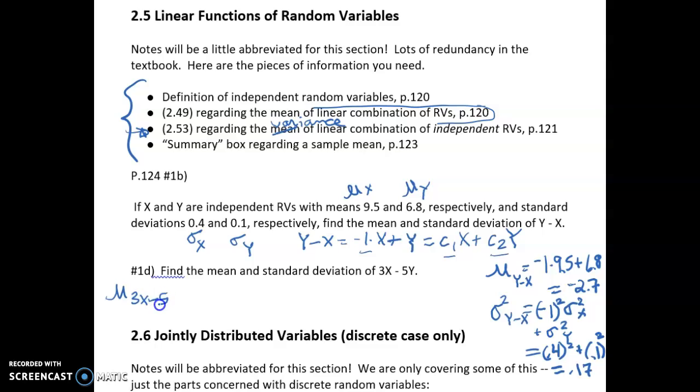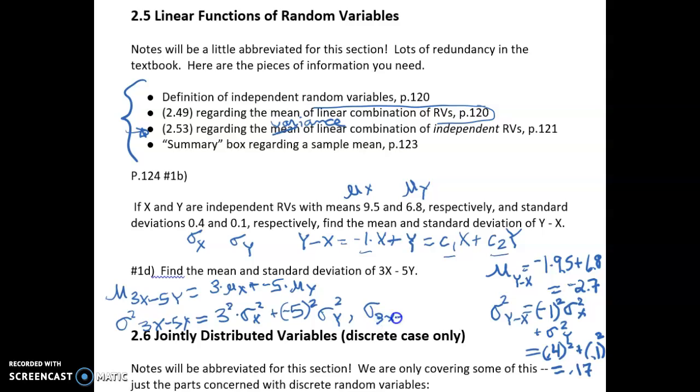The mean for 3X minus 5Y would be 3 times the mean of X plus -5 times the mean of Y. For the variance of 3X minus 5Y, I would do 3 squared times the variance of X, so I'd have to square those standard deviations, plus -5 squared, which makes that a positive, times the variance of Y. Then the standard deviation for 3X minus 5Y will be the square root of that answer.